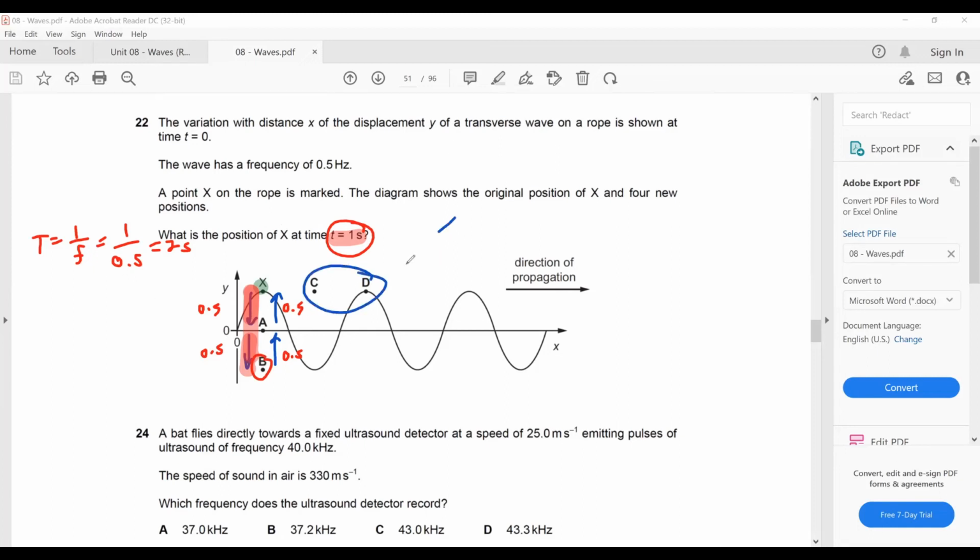So C and D cannot be the answer because particles do not get transferred along as the wave moves.